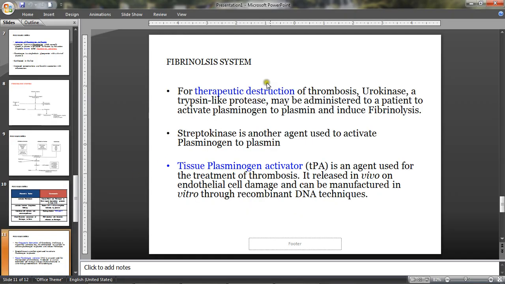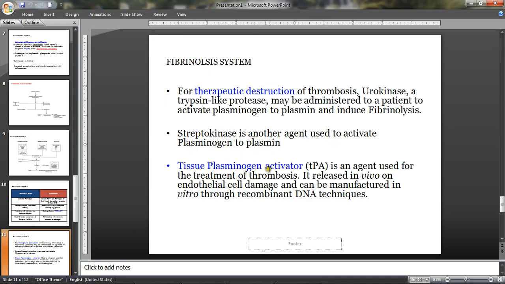For therapeutic destruction of thrombosis, urokinase, a trypsin-like protease, may be administered to a patient to activate plasminogen to plasmin and induce fibrinolysis. Streptokinase is a toxin produced by the streptococcus bacteria and is another agent used to activate plasminogen to plasmin.